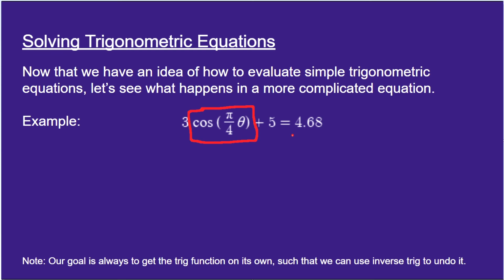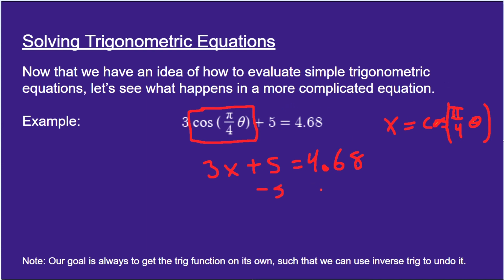In reality, this equation says basically 3 times x plus 5 equals 4.68, where x is our cosine function, cosine of pi over 4 theta. So you can see it's actually not too hard to get cosine on its own. It's just like basic algebra.